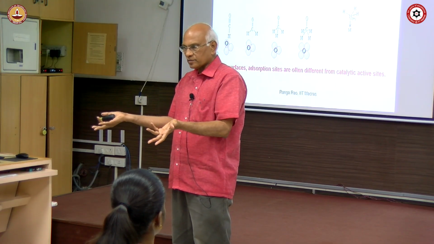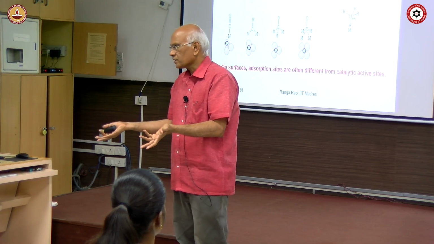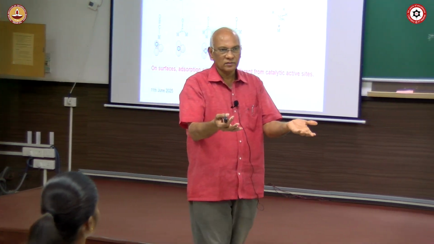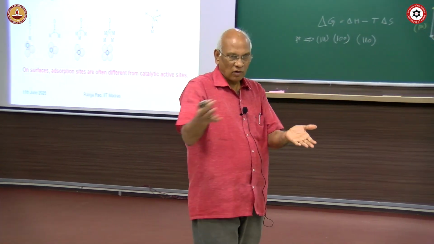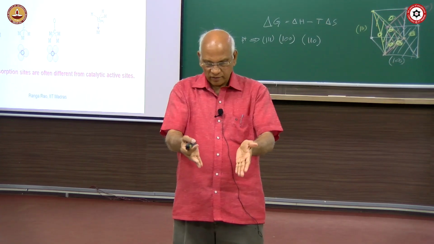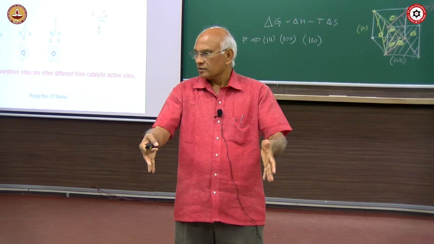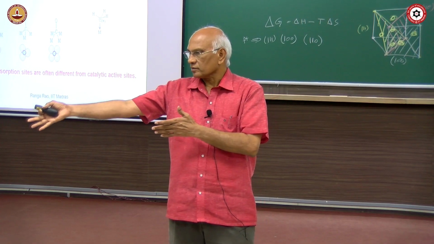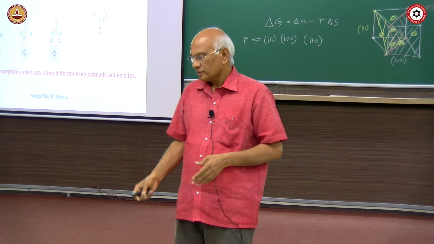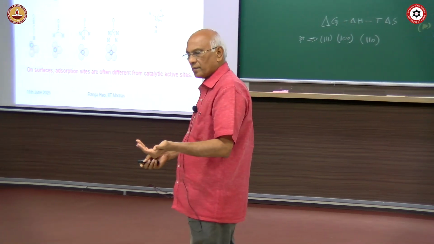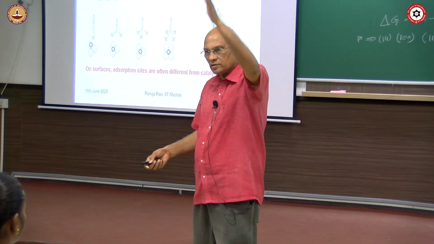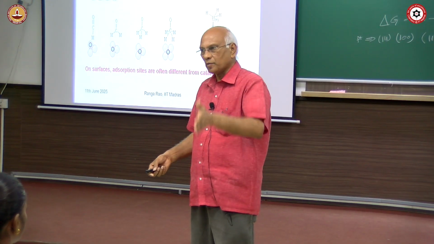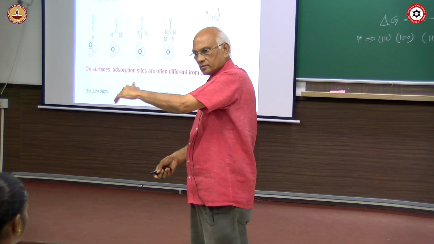That is the catalytic action basically. Suppose hydrogen and oxygen don't come together to give you water, but if they go and sit on a platinum surface, they break. You have hydrogen and oxygen atoms, then they react and give you water. The same thing in the gas phase doesn't happen because the activation energy is very high. Activation energy is nothing but breaking the bond and then making the product.